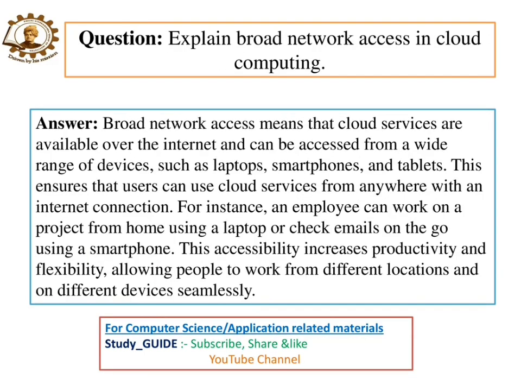There are different types of broad network access. Number 1, mobile broad network access. This allows users to access cloud resources via smartphones, tablets, and other mobile devices, empowering them to work on the go and stay connected regardless of their location.